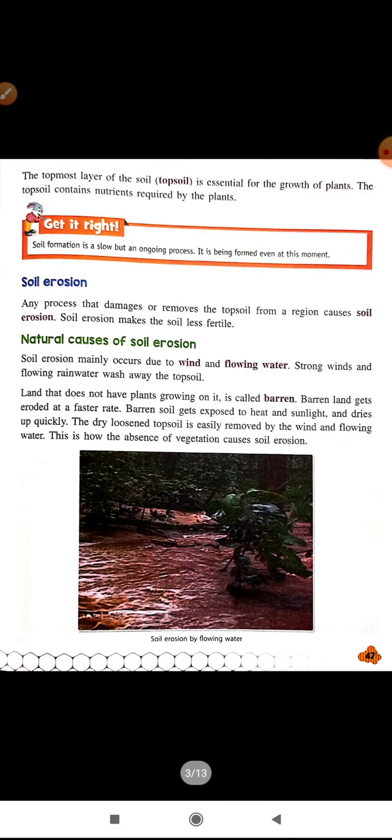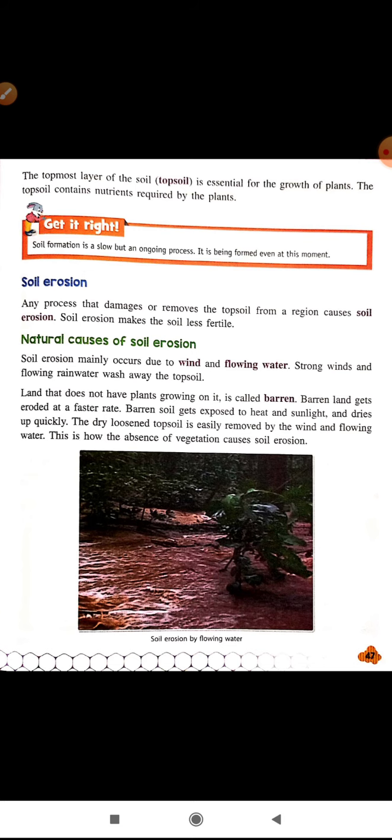Then we have studied erosion, that is, what soil erosion and conservation are. So what is soil erosion? It takes place when loosened soil is carried away to farther places through the action of wind and water, and because the topsoil is very helpful for vegetation, farmers want to protect this layer.